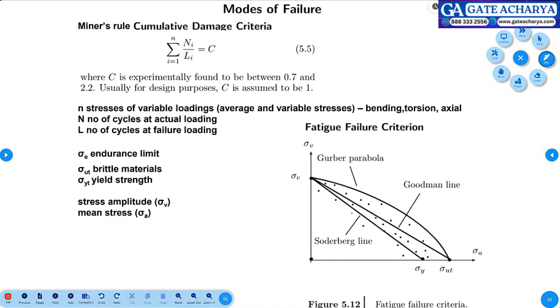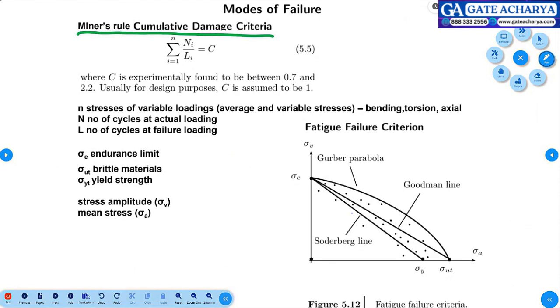To find out the life, we are using this Miner's rule, the cumulative damage criteria. And fatigue failure criteria: three people, Gerber, Soderberg, Goodman. Goodman plotted between endurance limit and ultimate tensile strength for brittle material.